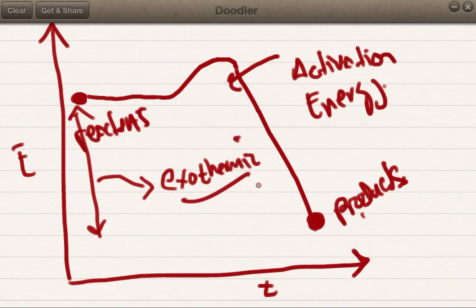An exothermic reaction is a reaction where heat energy is given off. But for an exothermic reaction to happen, the products have to be at a lower energy level because of the conservation of energy: you can't just pull energy out of nowhere.